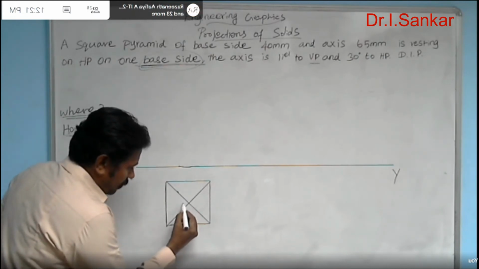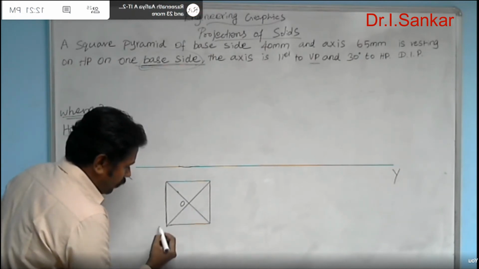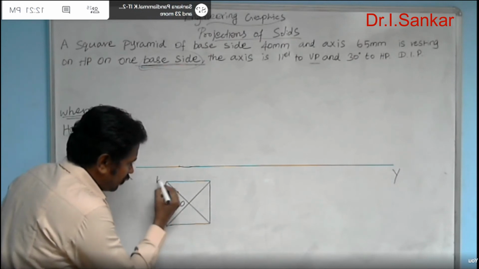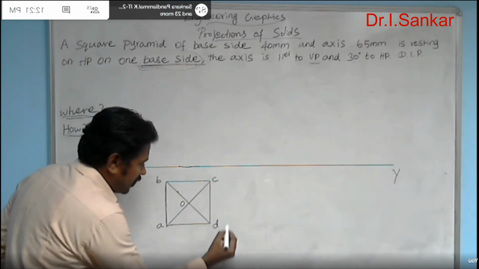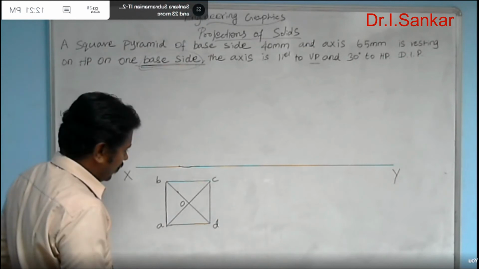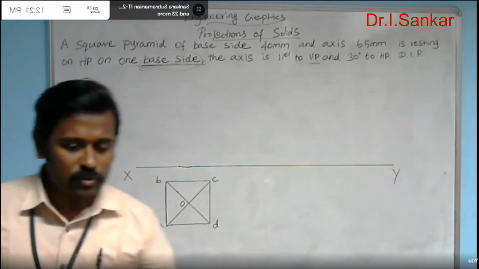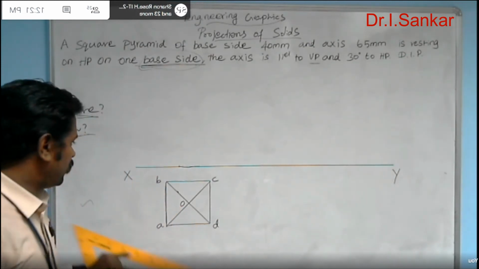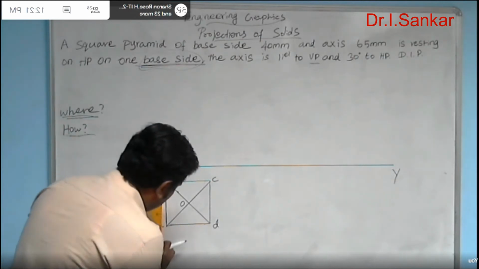The apex point can be named with the alphabet O, and the remaining base corners, by our usual rule, we can name by the alphabets A, B, C, D. So this is the required top view, that is the simple base view of the solid.